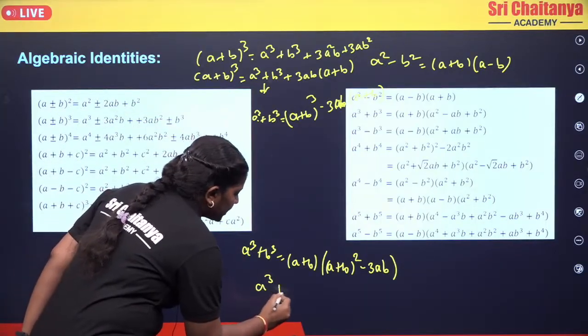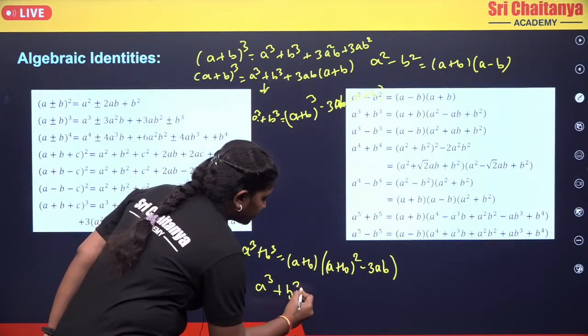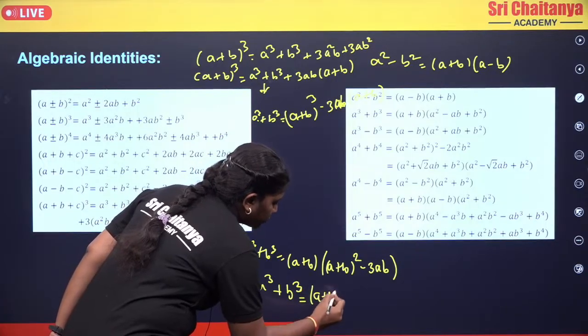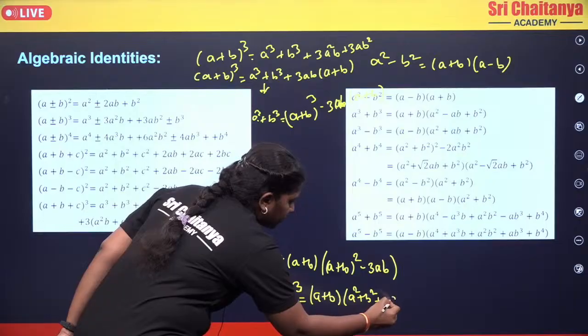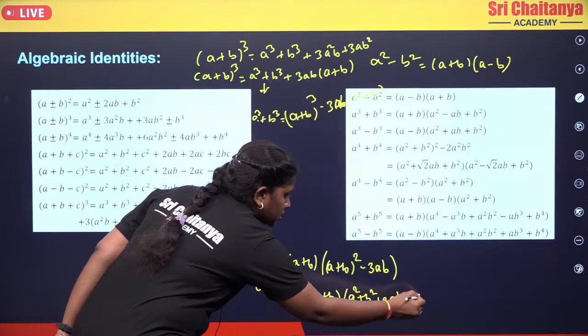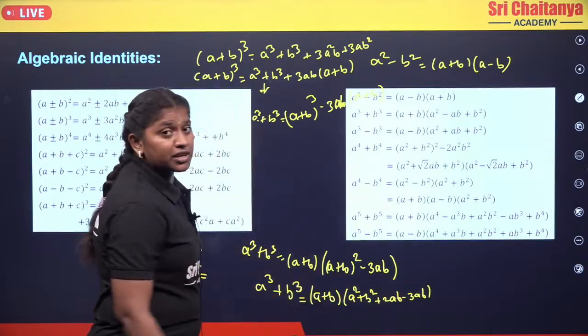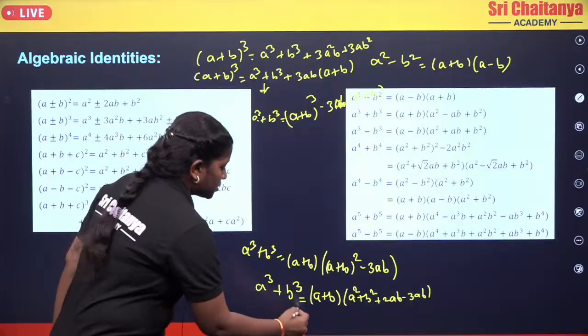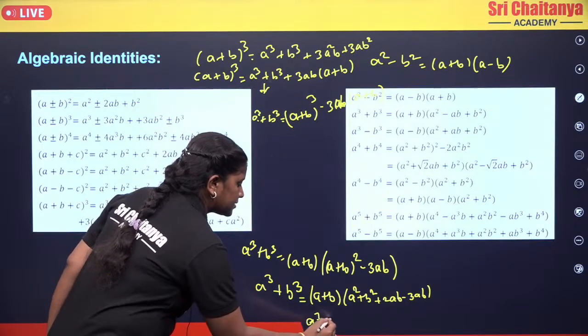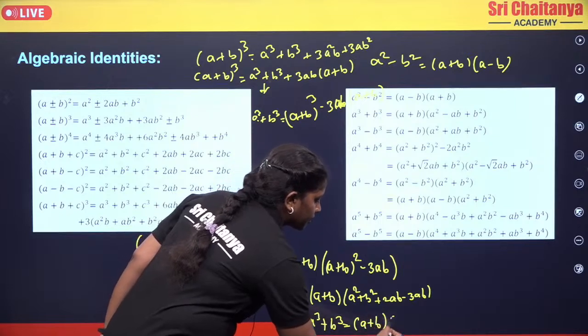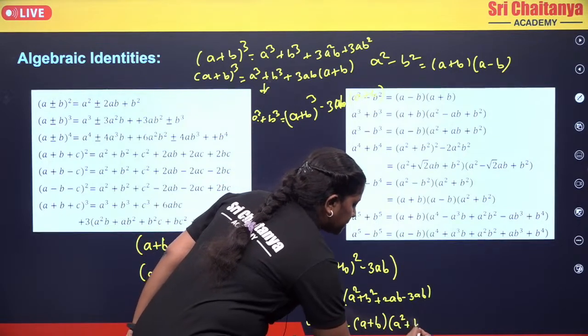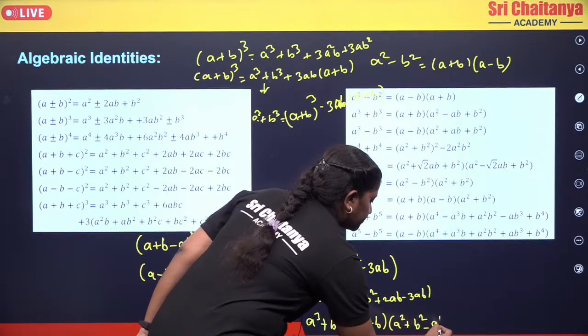So finally we get a cube plus b cube equals a plus b into a square plus b square plus 2ab minus 3ab. Now plus 2ab minus 3ab gives minus ab. So finally we get a cube plus b cube equals a plus b into a square plus b square minus ab.